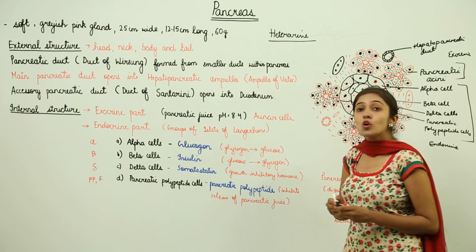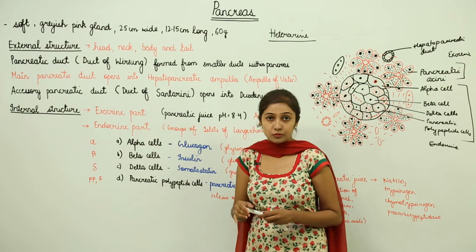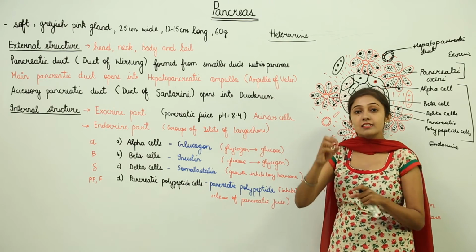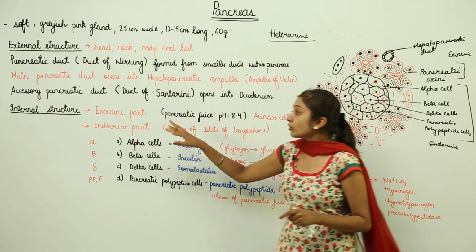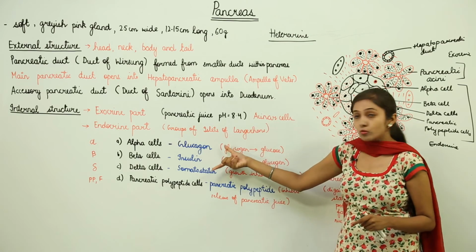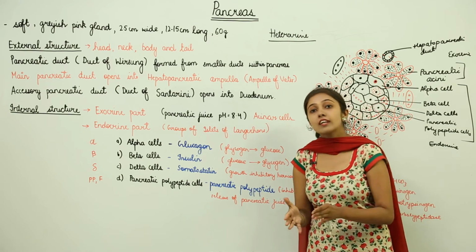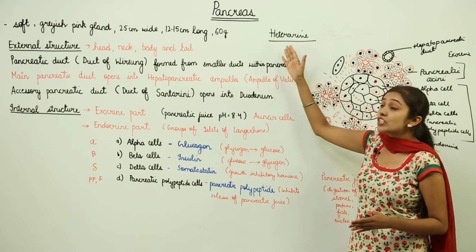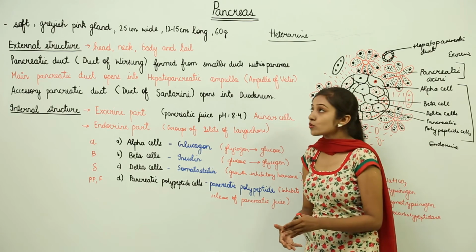Because it serves two purposes, the exocrine purpose and the endocrine purpose. It releases pancreatic juice through the hepatopancreatic duct, and it also releases these hormones, right. Since it has an exocrine function and an endocrine function, this gland is known as a heterocrine gland.